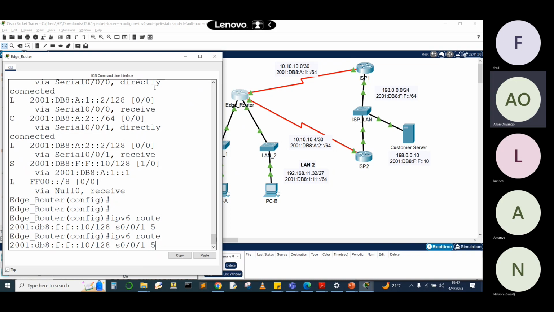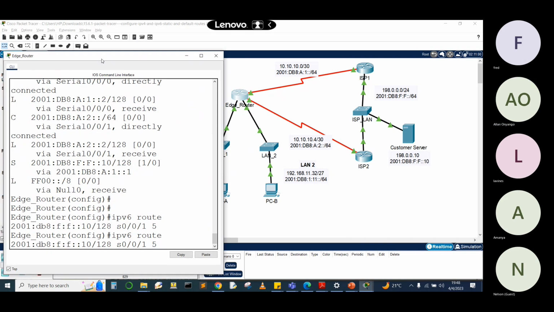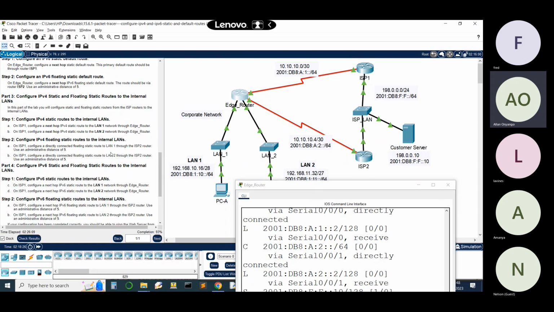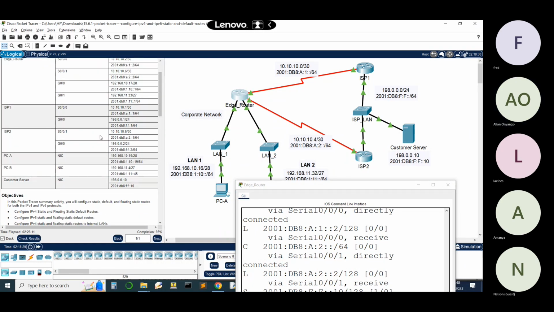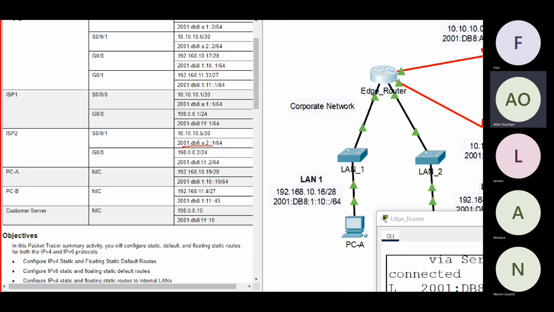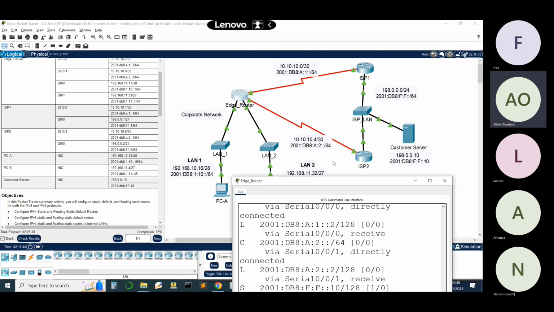I need to know the next hop of ISP2, and I can get it on the table. I go to ISP2 and I look at this one, 2001:DB8:A:2::1. Let me do that here.